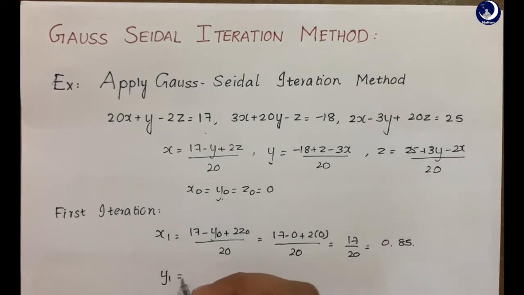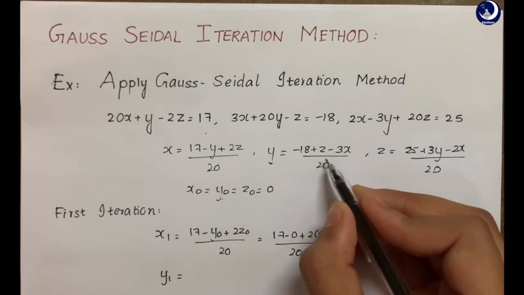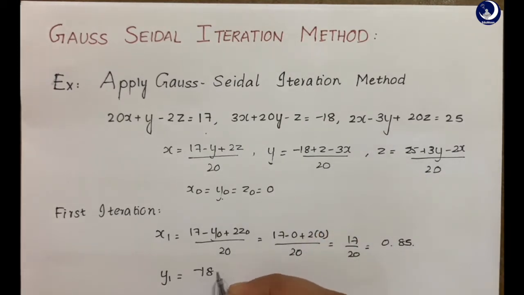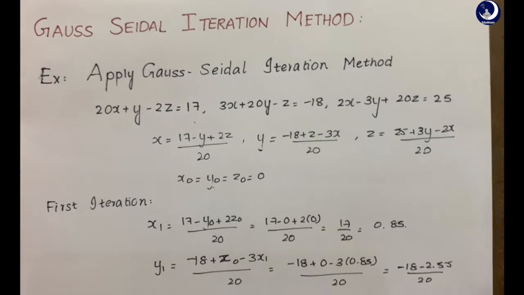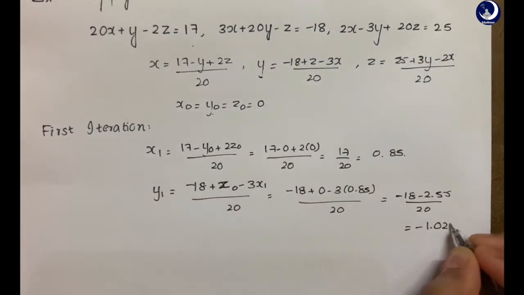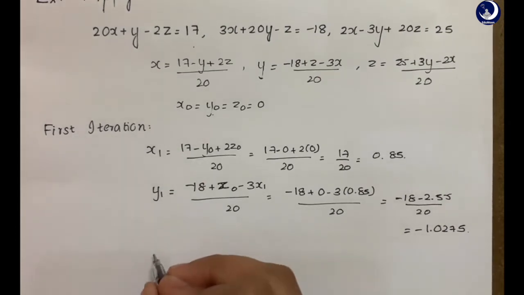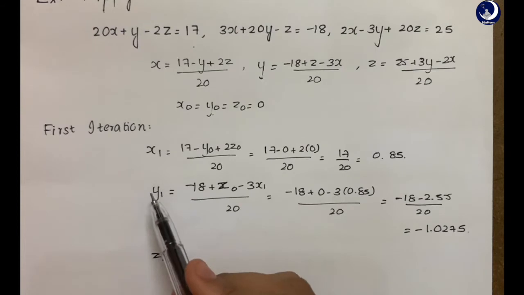For y1, let's substitute x1 and z0 in this equation. For z1, let's substitute x1 and y1 in this equation.